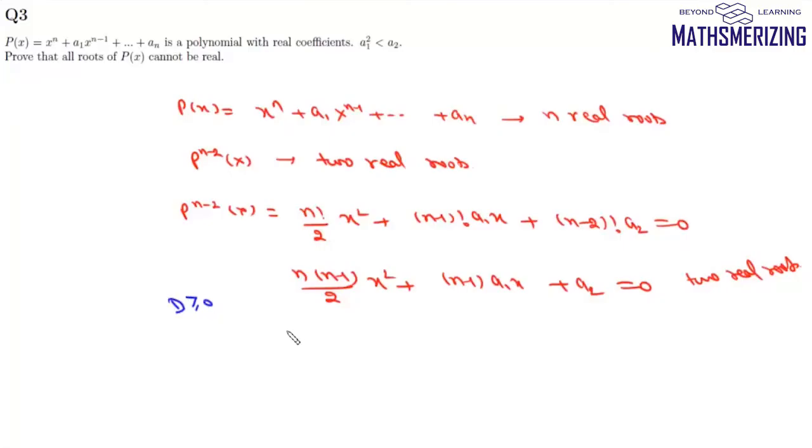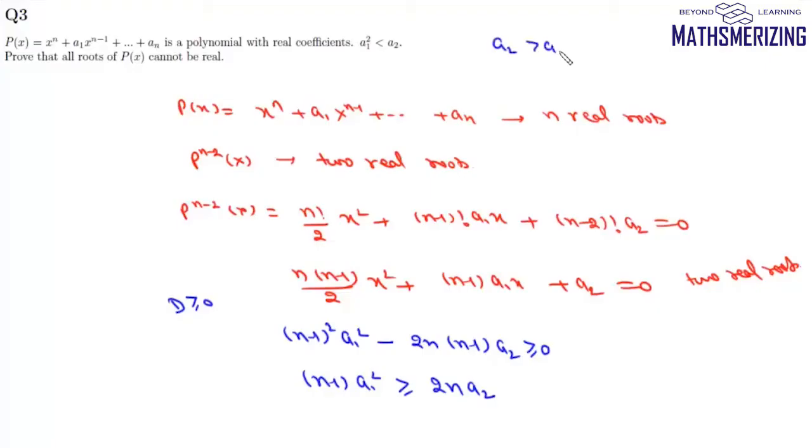Now I will write this D: it will be (n-1)^2 a1^2 - 2n(n-1) a2, which should be greater than or equal to 0. Now we can cancel this n-1. We can write (n-1) a1^2 is greater than or equal to 2n a2. Now the question says a2 is greater than a1^2.